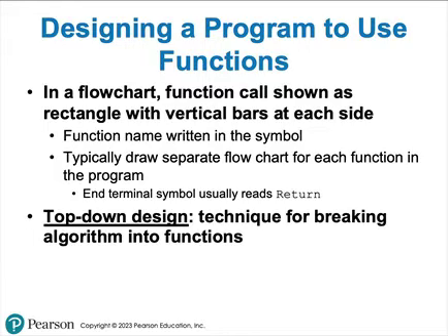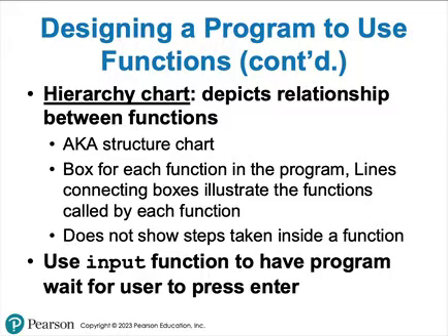So we talk about flowcharts. What we have here is a new symbol within the flowchart. We'll see a graphic here in a moment, but it is basically a rectangle with an extra vertical bar on the right side and left side of it, to indicate that it is a function.